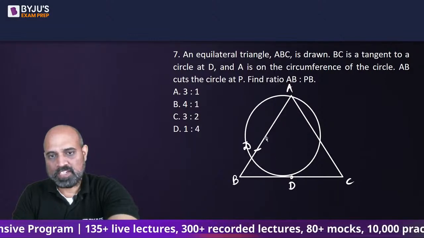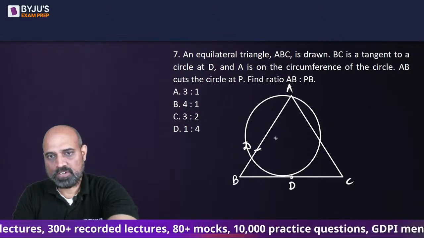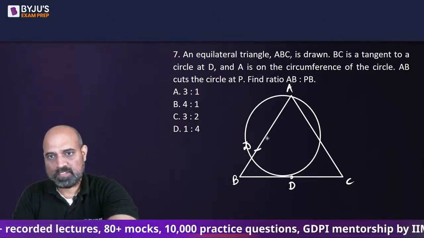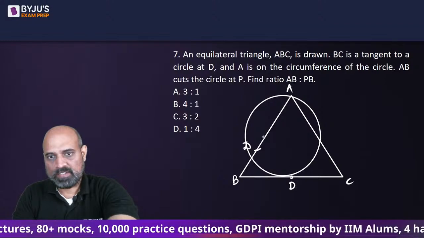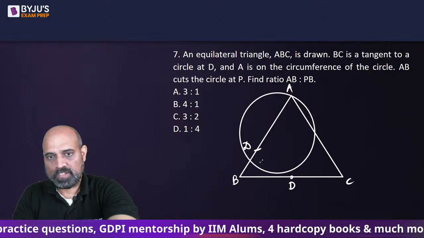So A is on the circumference of this circle. So there are a lot of ways, right? One shape is this, no idea why.